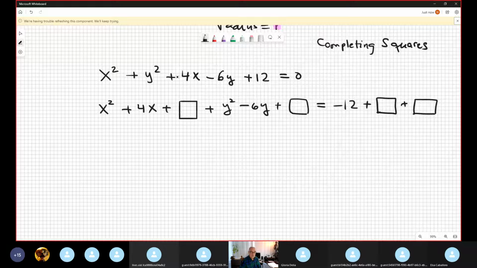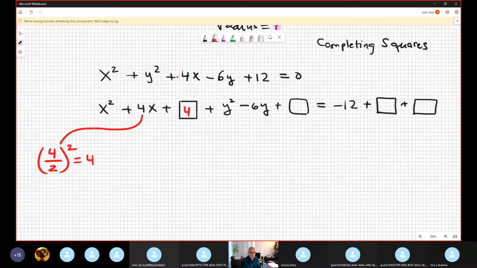Therefore, I take that 4, which is b, divided by 2 and squared. 4 divided by 2 is 2, squared 4. Oh, it's a coincidence. This is 4, exactly like that, but it does not always happen. Now you take 6 divided by 2 and squared.